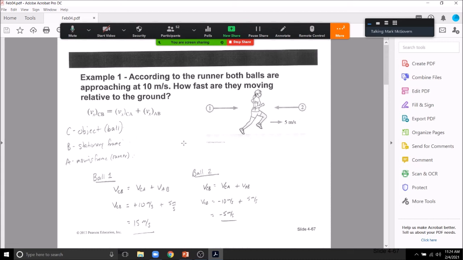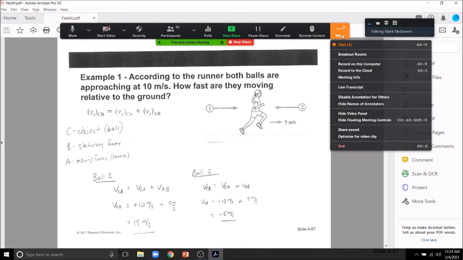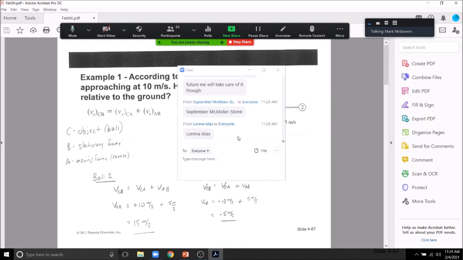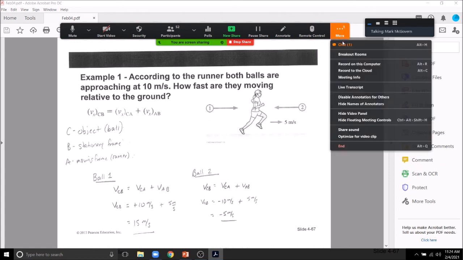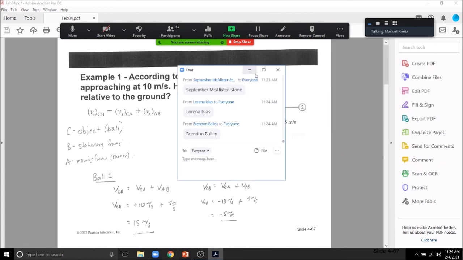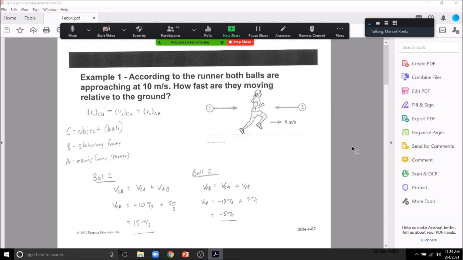And we don't have to have a stationary frame, it's just most of our problems involve talking about a stationary frame. Okay. Thank you. Yep. Anything else? Just to be sure, ball 2 is negative because it's facing to the left. Yes, right. It moves to the left.